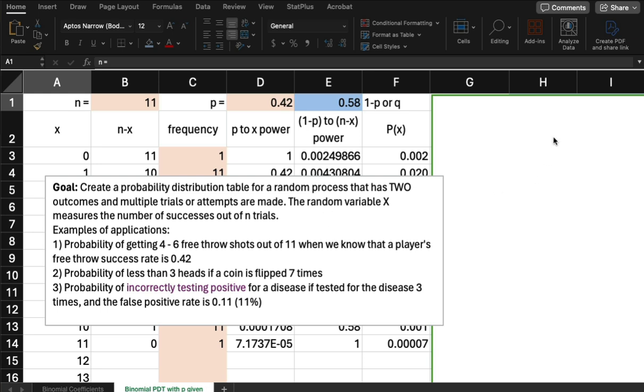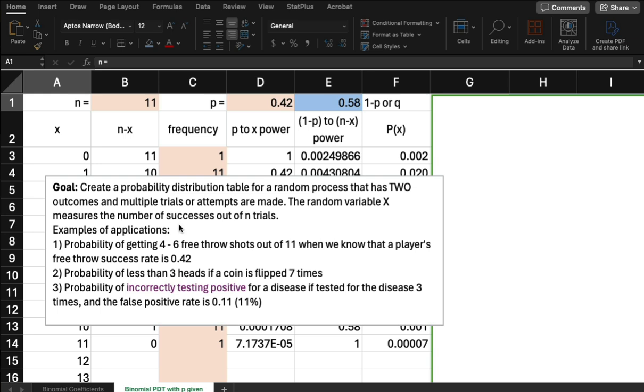The columns that are covered over right now, we're going to make use of those in a later video. But for today, we're going to just set up the probabilities for a binomial random variable. So let me read to you our goal. Our goal is to create the probability distribution table for a random process that has two outcomes.